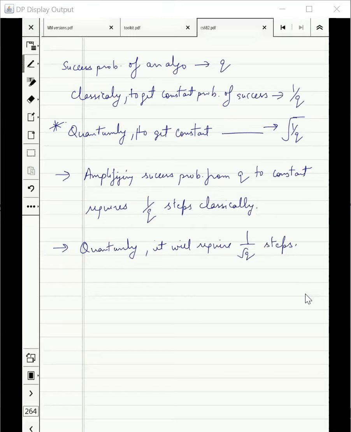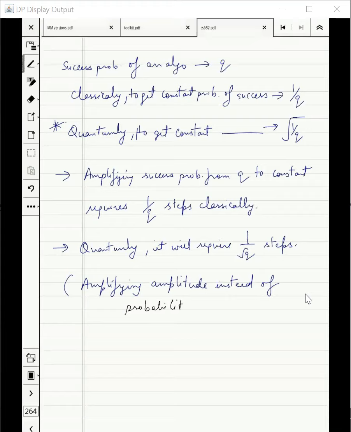And the reason is that we will be amplifying amplitude instead of probability. This is the intuitive reason, and that is why it is called amplitude amplification.